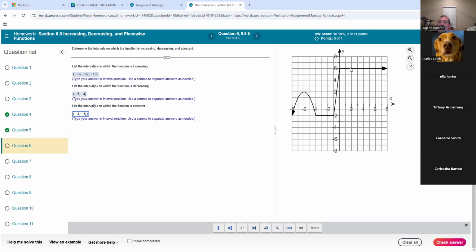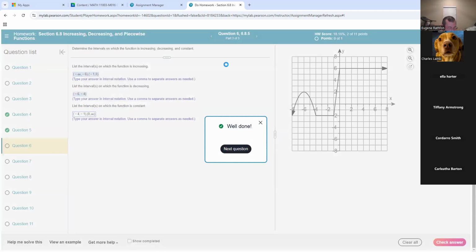How about this second one over here? This is where I get most of y'all. Oh, Caleb, you done got it. Good job. Most people put 6 to infinity, but they put 6 because they're looking at that y value again. Good job, y'all. That thing started on the x-axis at 0, and it's headed off towards positive infinity. So you would put that in there and then check that answer.